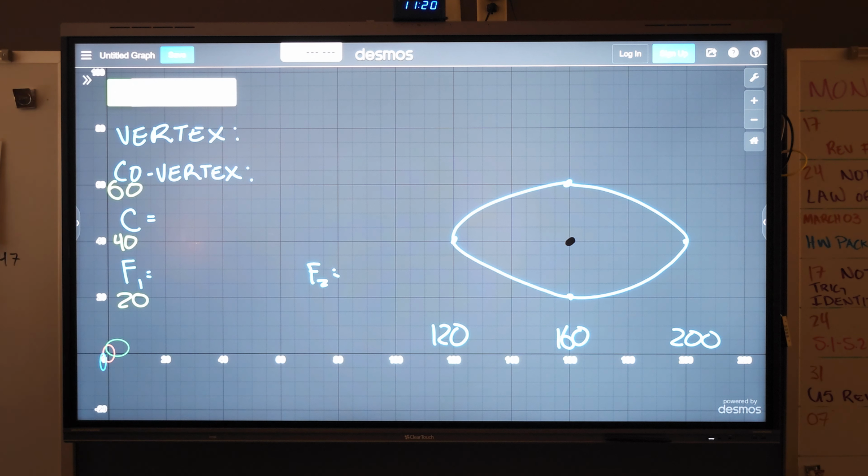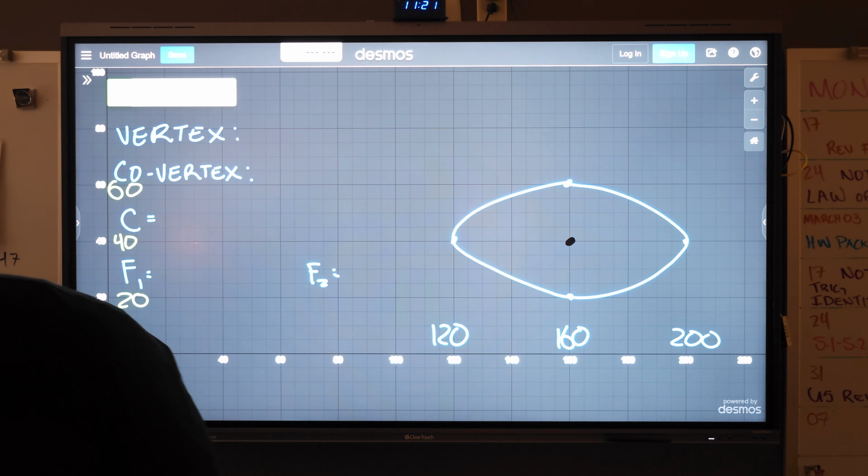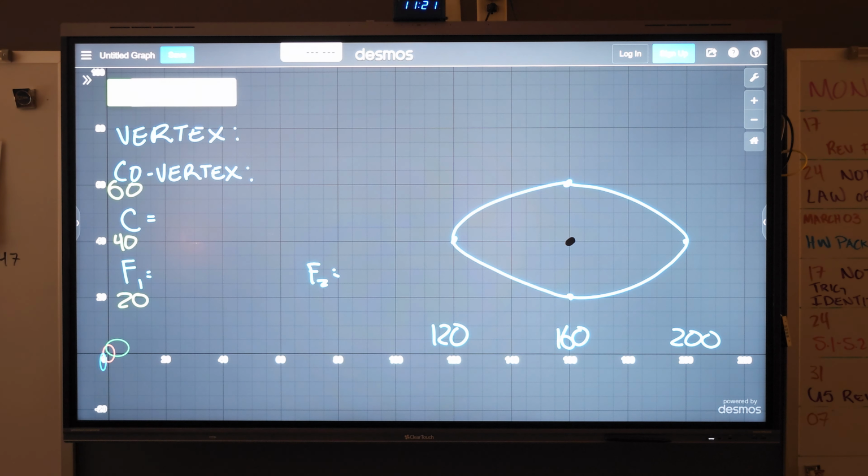I can put the ellipse wherever I want it, the size that I want it. That's all it is.